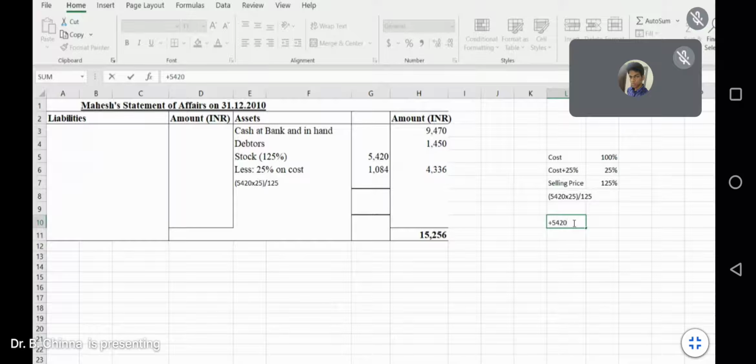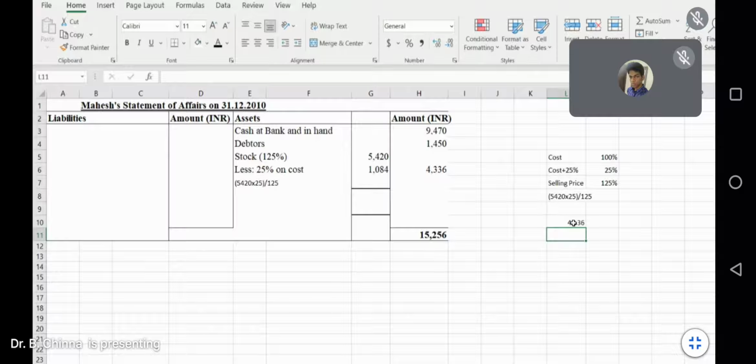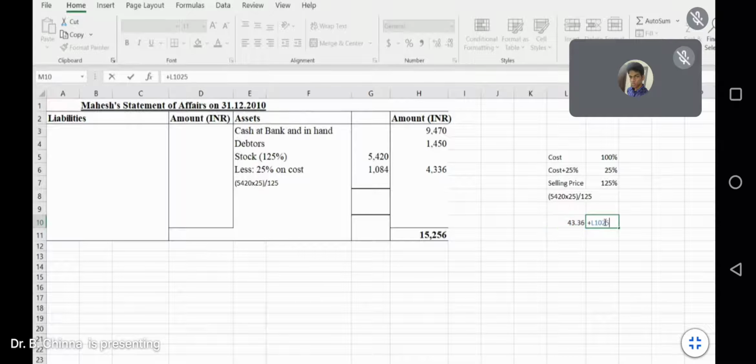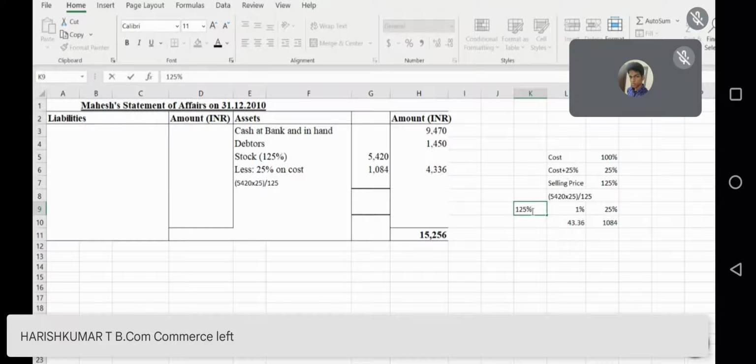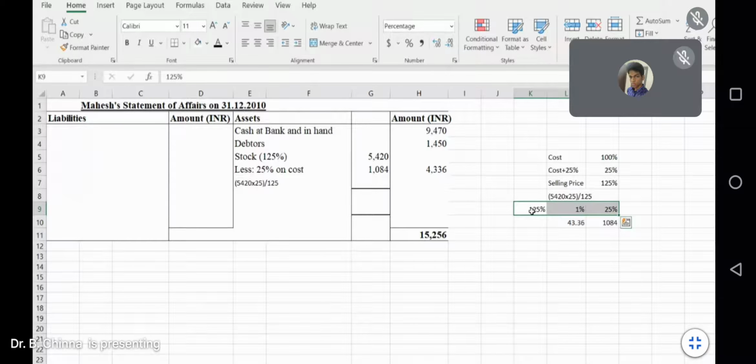So just for an addition, I am giving 125, it values to 43.36, and again it is multiplied by 25. It gives 1084. So this is the 1% value. It is the 25% value. And what is the value of 125% here? 5,420.